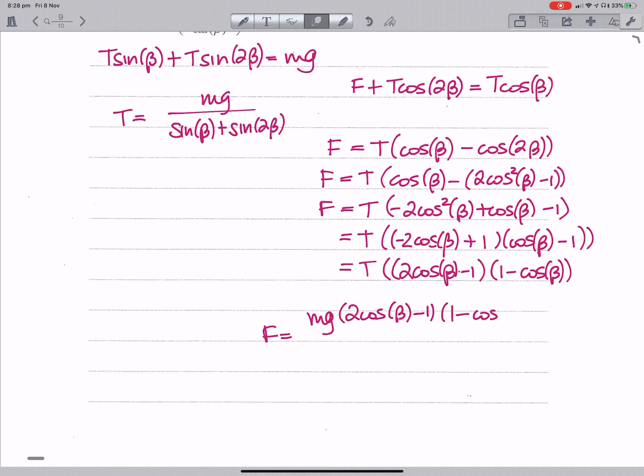Stupid thing. Okay, so on the bottom we've got cos beta here. Okay, sine beta plus sine 2 beta. Sine beta plus 2 sine beta cos beta.